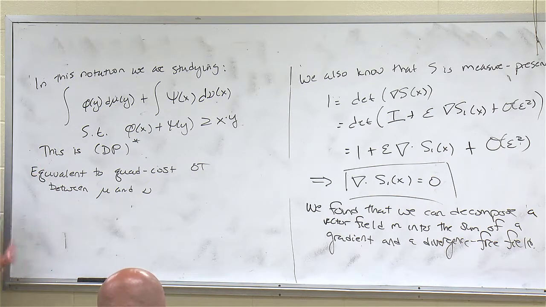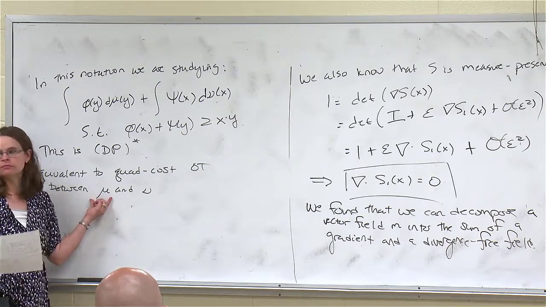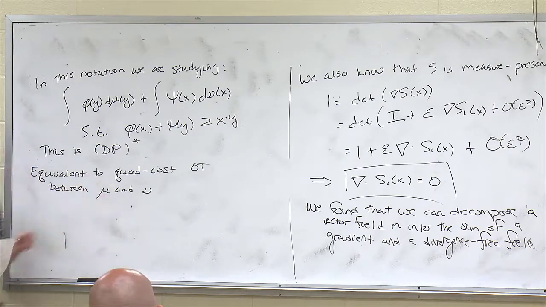Okay, so we started with this vector field R that we're trying to factor. We use R to define a measure mu. We look at the push forward of the Lebesgue measure. And now what are we solving?